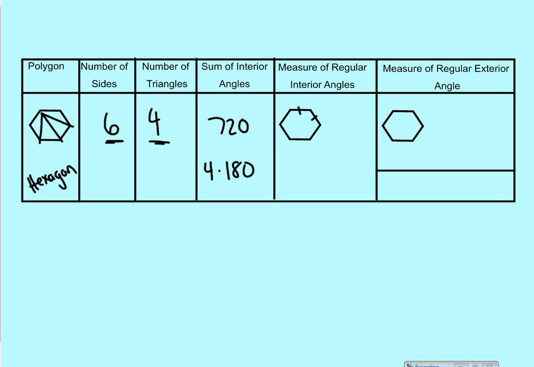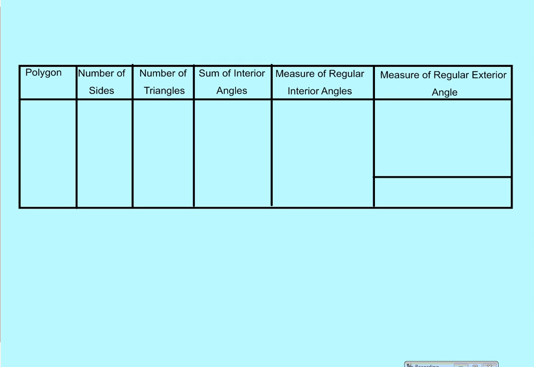If it's regular, all the sides and all the angles are equal, so I need 720 divided by 6. That's 120. 120 times 6 is 720, yes. So each angle is 120, which means each exterior angle is going to be 60.